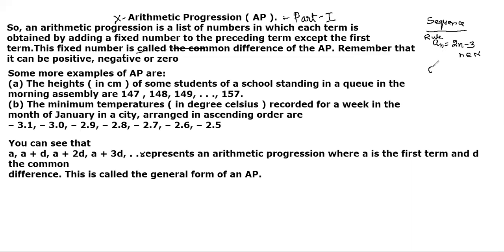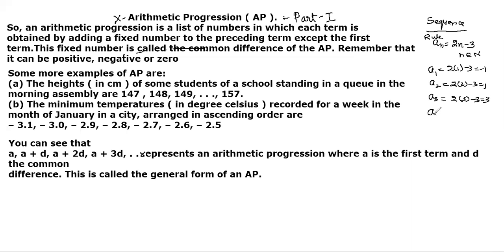When we put n is equal to 1, we get the first term a1 equals 2 into 1 minus 3, so 2 minus 3, minus 1. Then the second term a2 will be 2 into 2 minus 3, so 4 minus 3, 1. The third term a3 will be 2 into 3 minus 3, so 6 minus 3, 3.